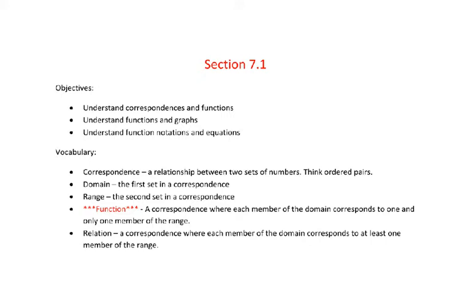Now, it's not fully monogamous because two different x's could be associated with the same y, but each x has one and only one y associated with it. And a relationship says an x can have more than one, they just have to have at least one in the range.